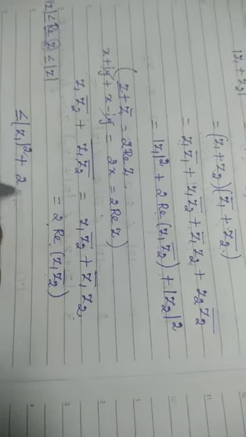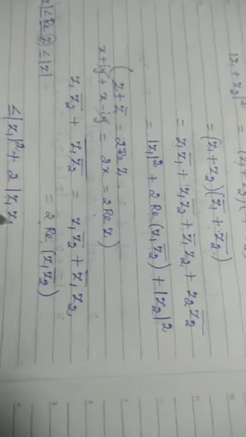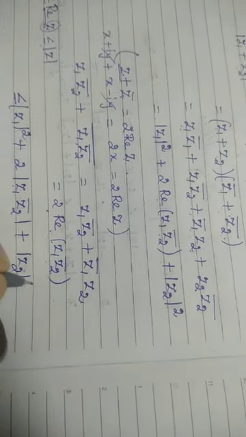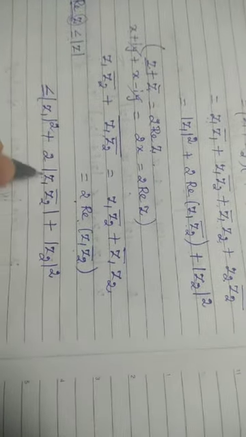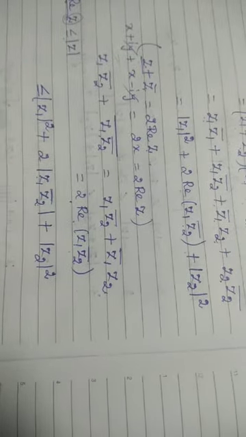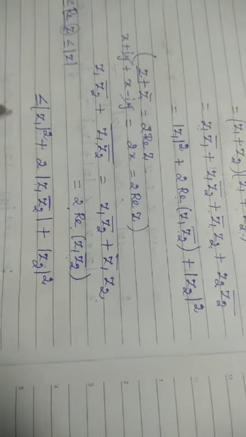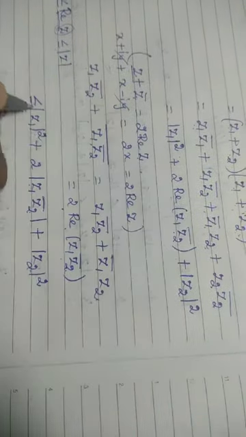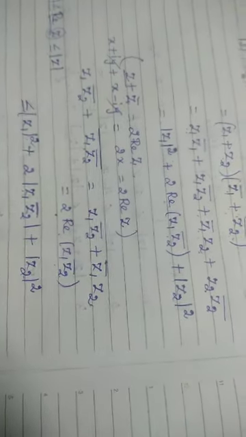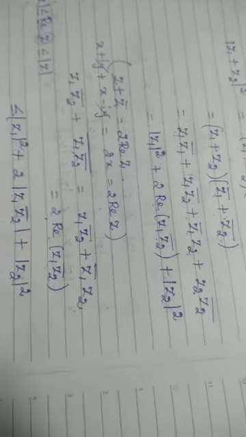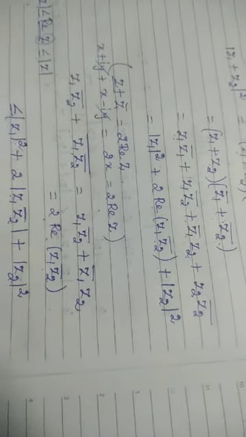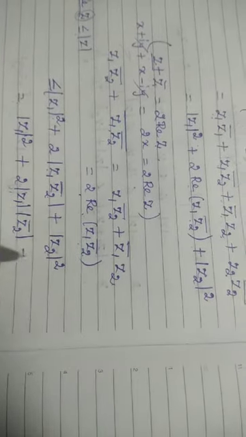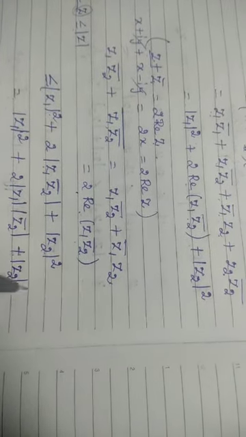So 2 times modulus of z1 z2 bar we will get, plus modulus of z2 the whole square. This is less than or equal to modulus of z1 squared plus 2 times mod z1 mod z2 bar plus modulus of z2 squared.